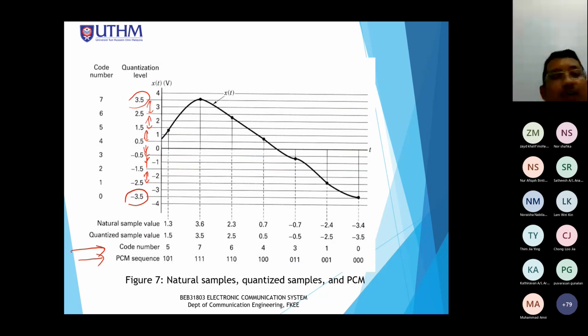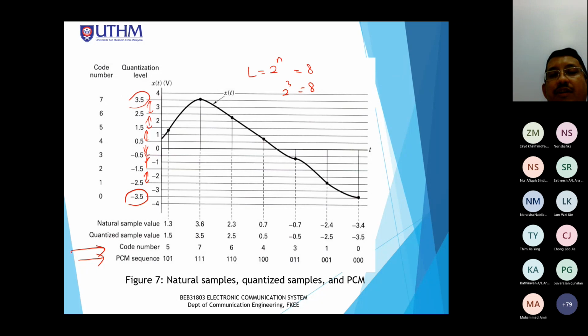During the encoding process, we assign a specific code word to each of the quantized levels. Since we have 8 different levels in this example, we are going to use 3 bits, because 2 power of 3 produces 8. So we have 8 levels.